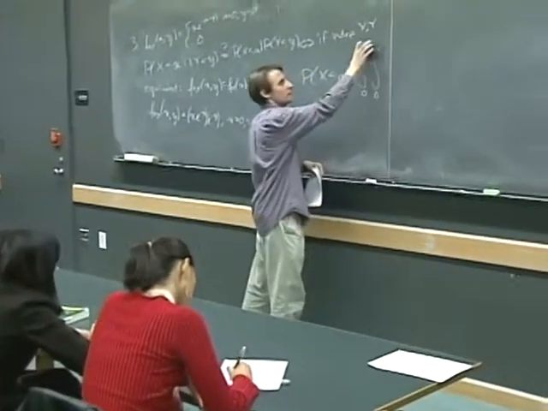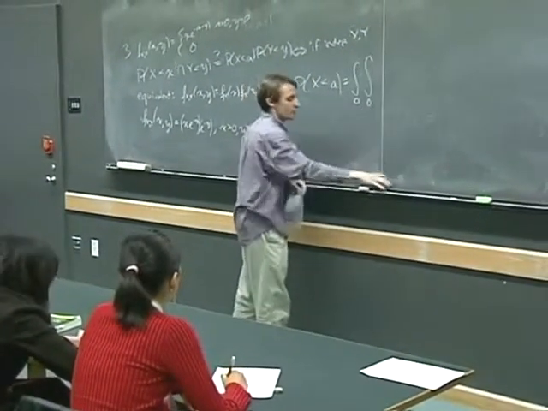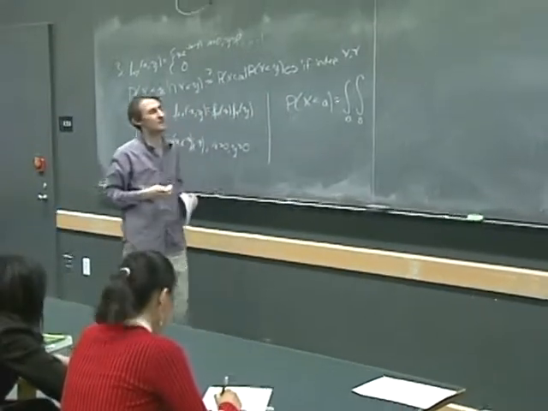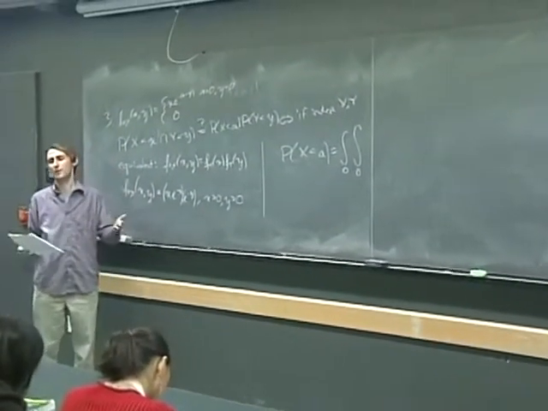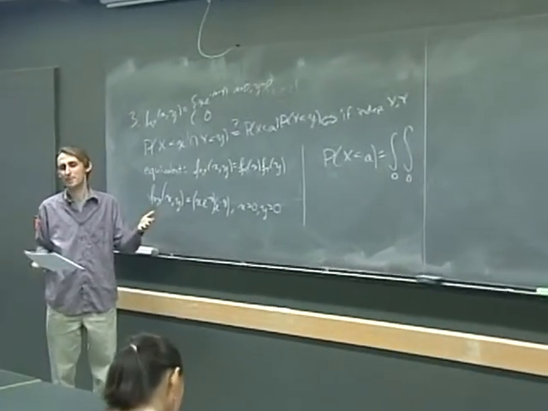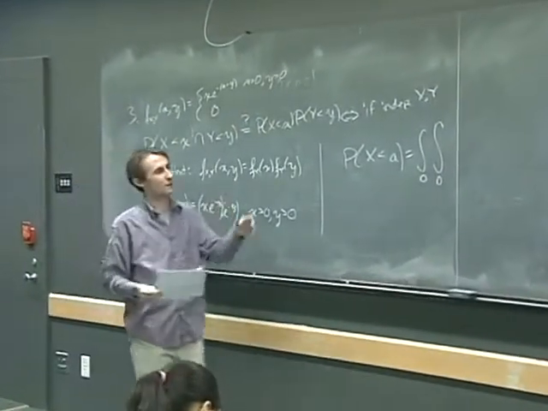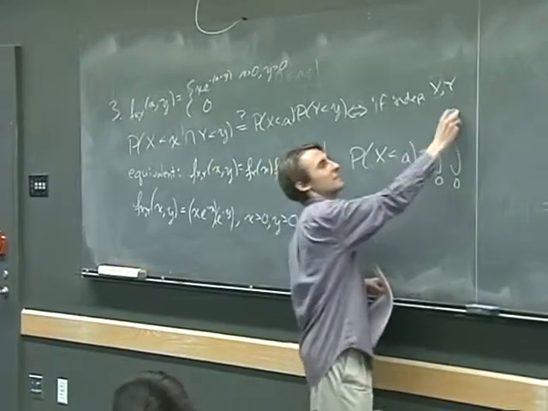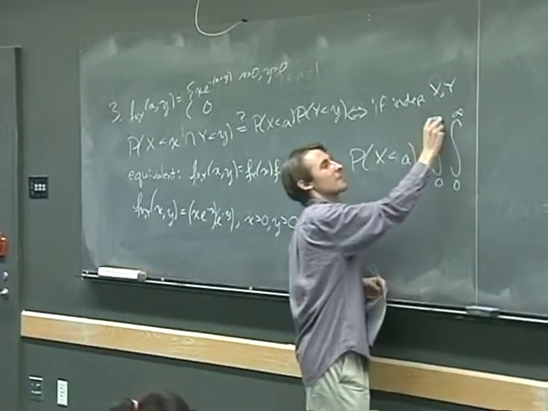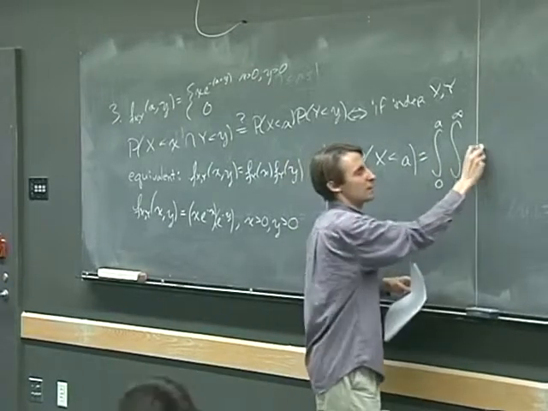Actually, before I put up an infinity here, which one do you think will be easier to have on the inside? Whenever you write a double integral, you can choose which order you want to do it. So in this case, it doesn't matter. But I'm going to argue that putting the y on the inside is going to be a little easier. Okay. And then we need to integrate the density.